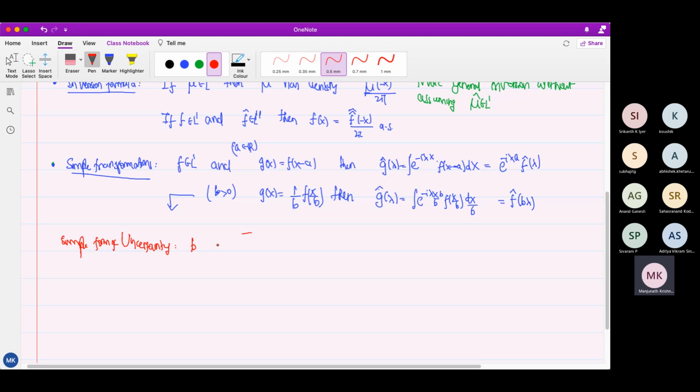What does f of x by b mean? If f was a probability density, this would be the probability density of b times x. So if b is small, then g is more localized.